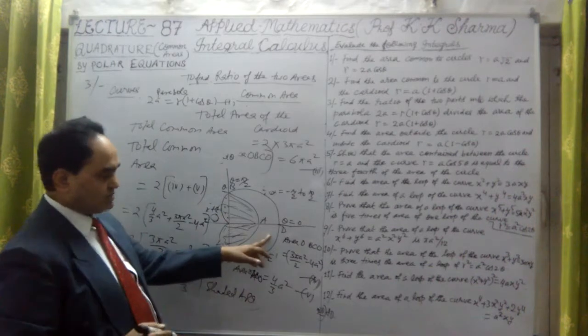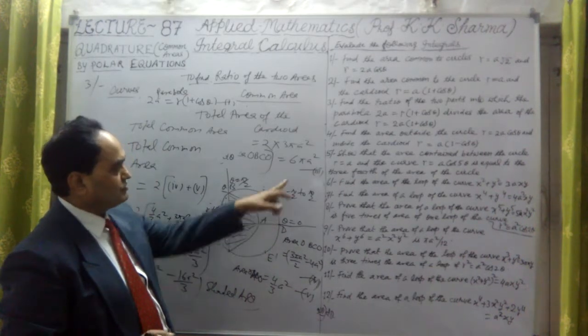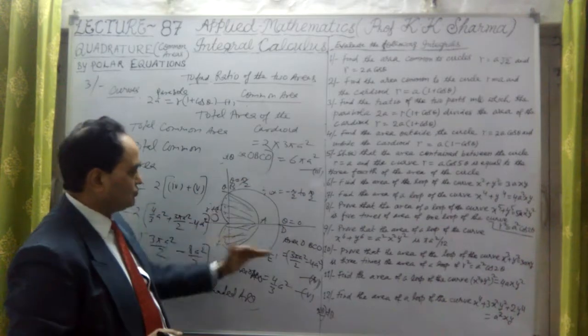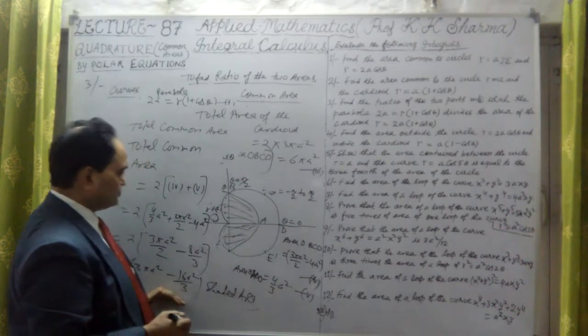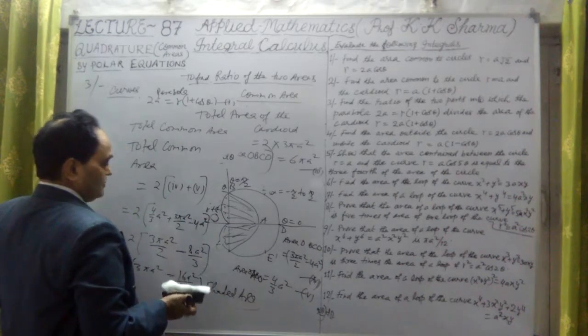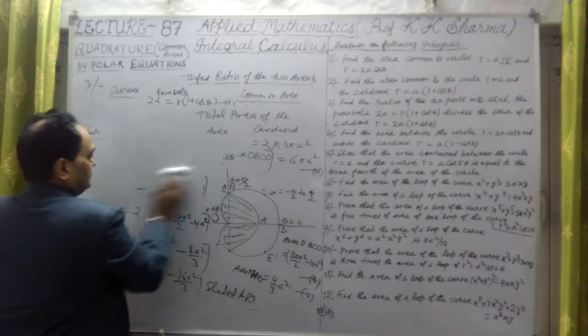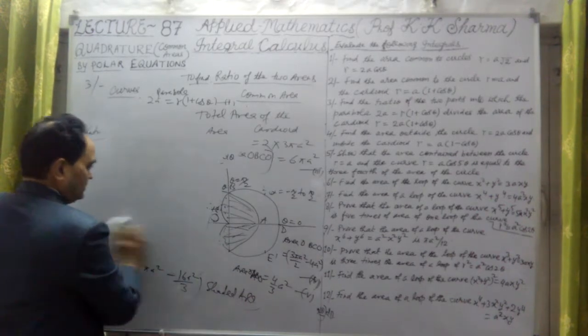Now unshaded area, non-common area, which is this one, we have to find out by 6 pi A square, which is the area of the whole cardioid, minus the shaded portion. That will give us non-shaded area. So let me find out non-shaded area or uncommon area.